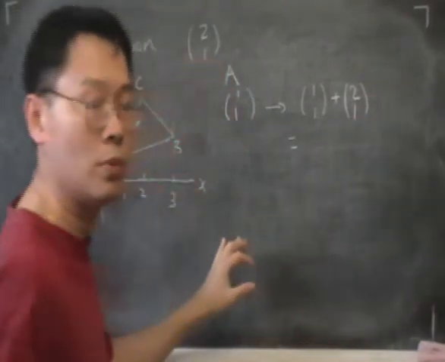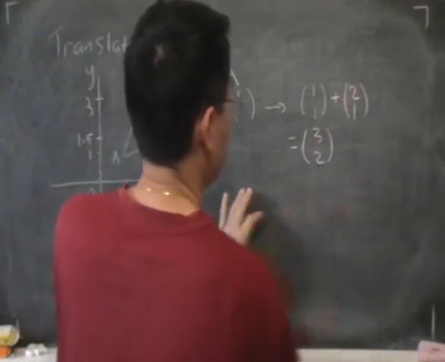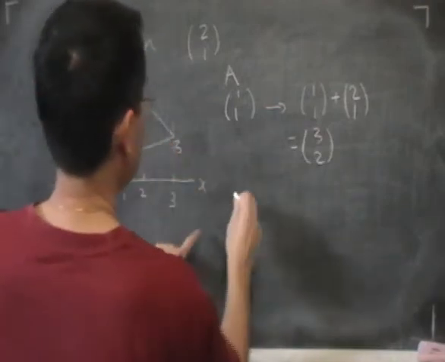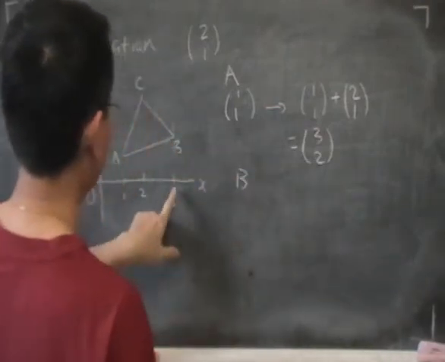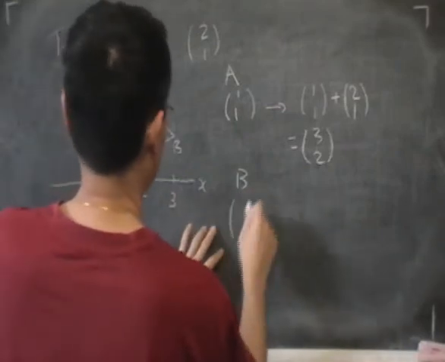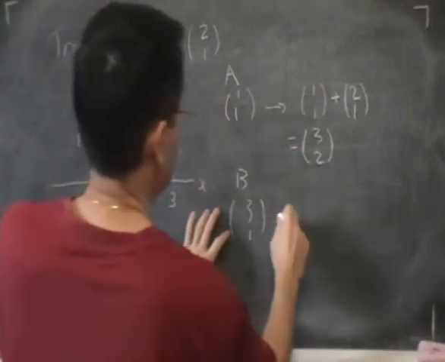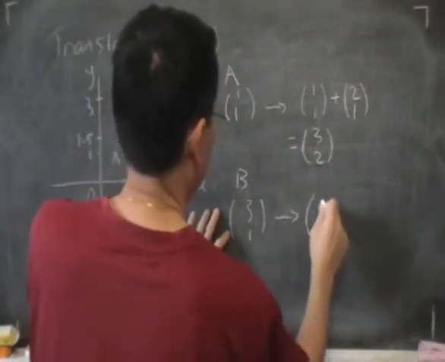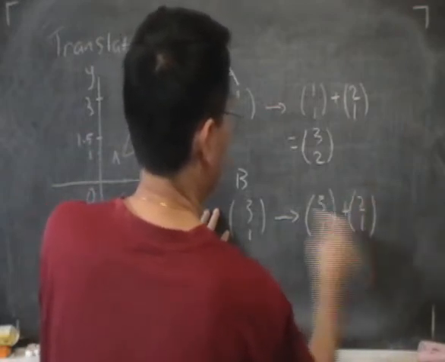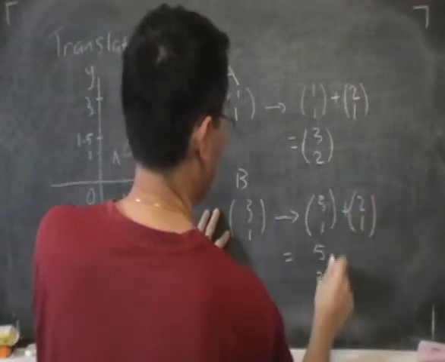And when we add them, we'll get 3 and 2. And for point B, in the same way, we would take 3, 1.5, the x and y values, and add 2, 1. So this will go to 3, 1.5 plus 2, 1, which is 5, 2.5.